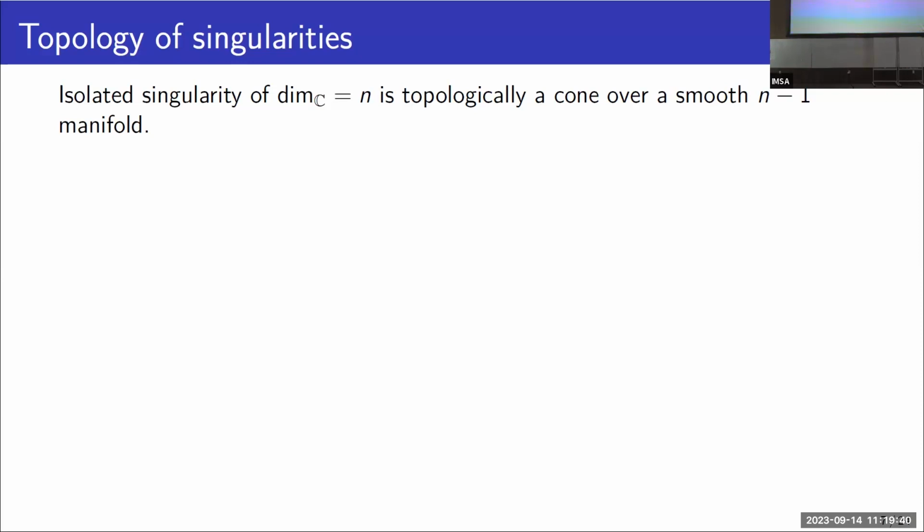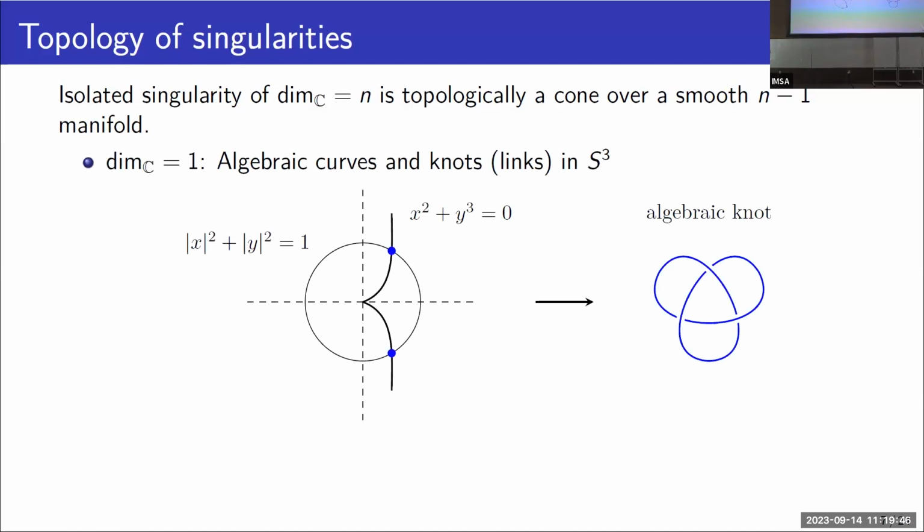So it's important that the isolated singularity is isolated, otherwise it wouldn't be a smooth manifold. So in dimension 1, we have algebraic curves, and the links are just the usual links. So something embedded, some circles embedded in R3.